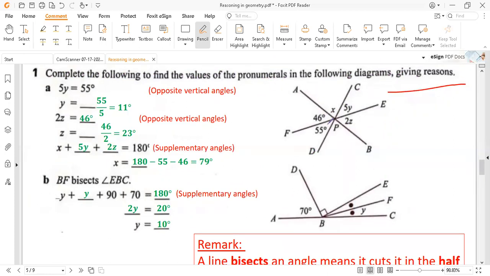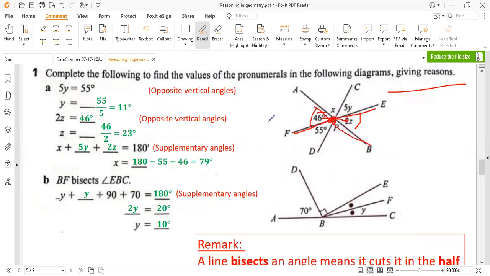First of all, we search for something we can base on. For example, we have a vertex here, and it is clearly seen in this diagram that this one and this one are opposite vertical angles, because this is a straight line and this one is a straight line.